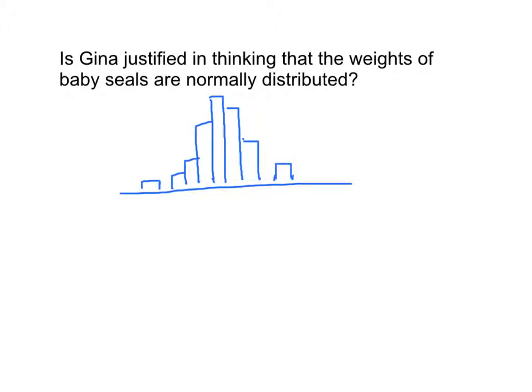Is Gina justified in thinking that the weights of baby seals are normally distributed? So looking at this graph, they would give you some sort of graph. Yes, it is unimodal, so we can write down and justify why it could be normally distributed. It's unimodal.